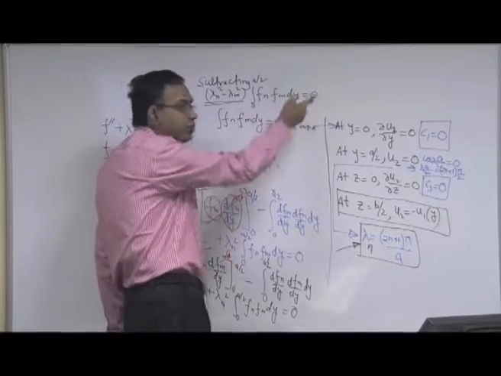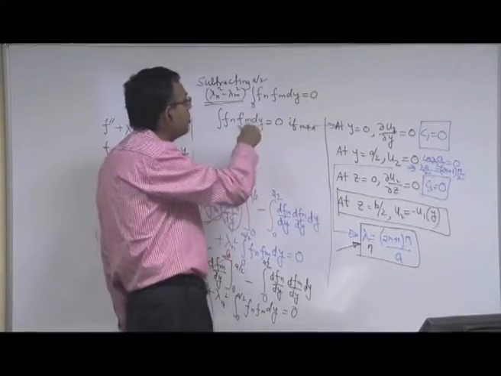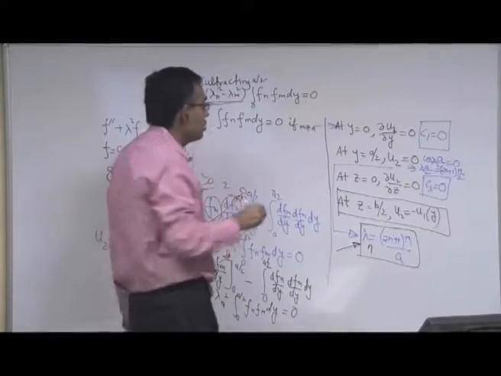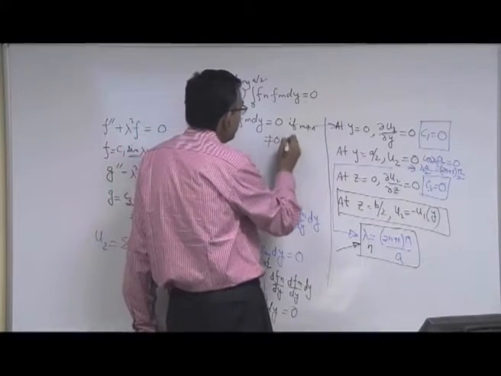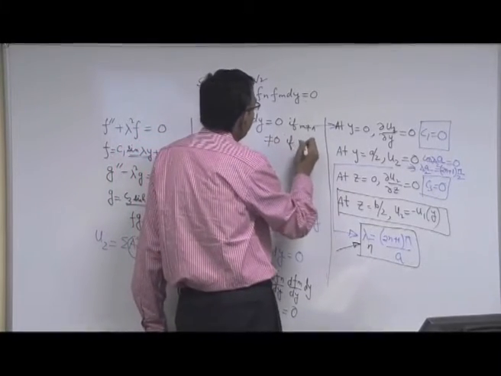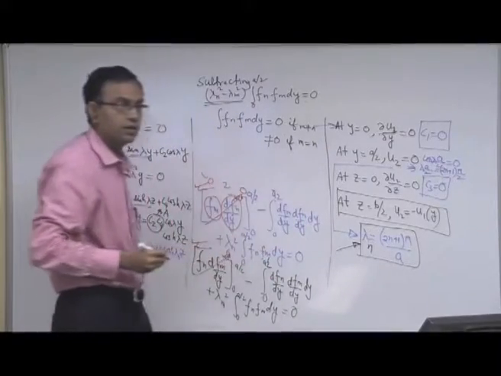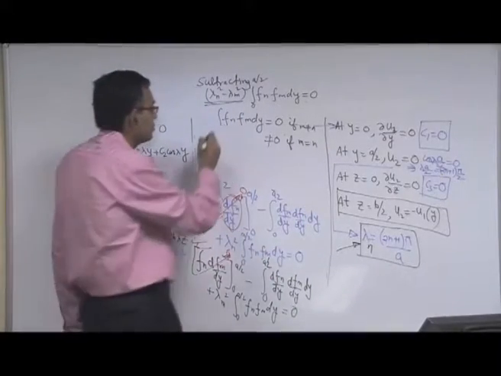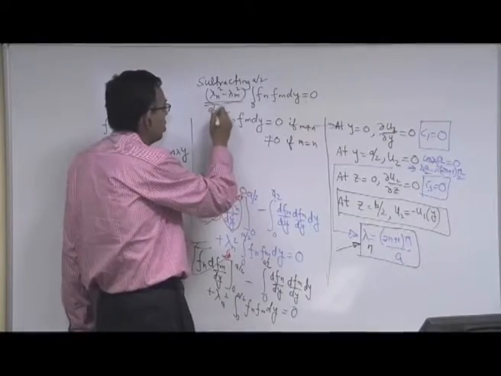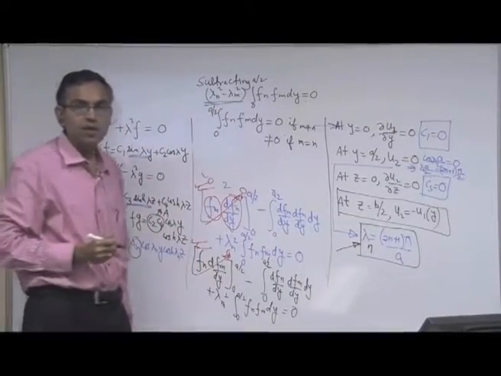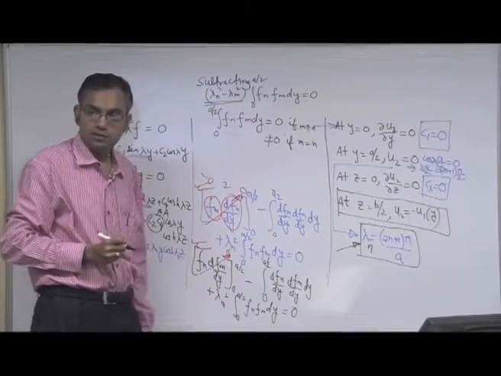So, this has to be 0 to make it 0, but if m is equal to n, then that is not necessary. So, this is not equal to 0 if m equal to n, right. This is called the orthogonality condition.